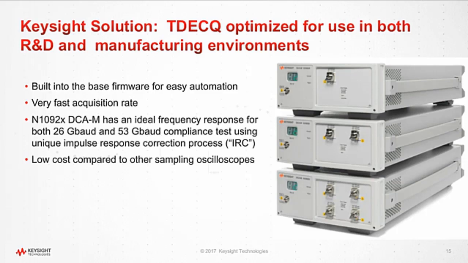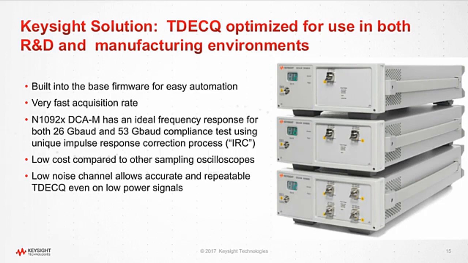That allows us to create an ideal reference receiver. And because we've pulled out the computer, we've pulled out the display, and we've reduced the manufacturing cost, we're able to pass that cost savings along to you. Very low noise. We have an amplified receiver, so that also is really important in providing accurate and repeatable TDECQ results.